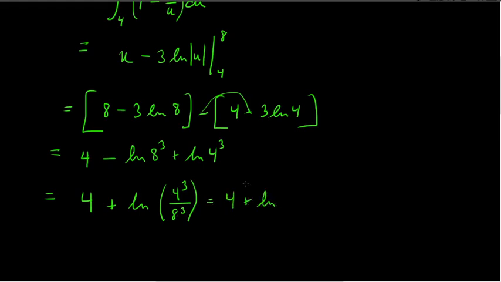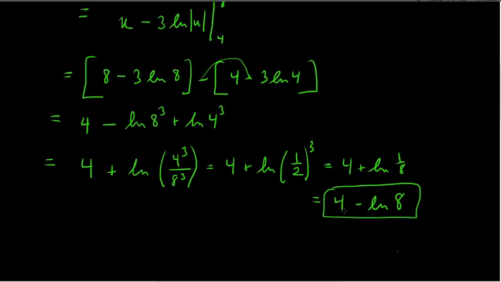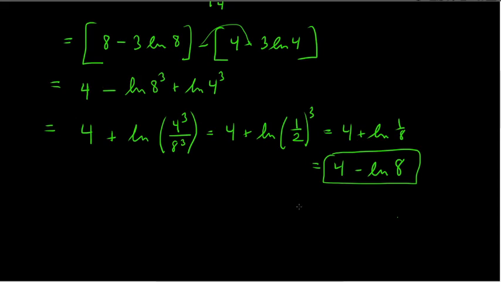We could do 4 over 8, which is just 1 over 2, and then to the third power, right? So this is 1 over 2 to the third power, which is the natural log of 1/8, or if you prefer, 4 minus the natural log of 8. Or even better yet, 4 minus 3 log 2.